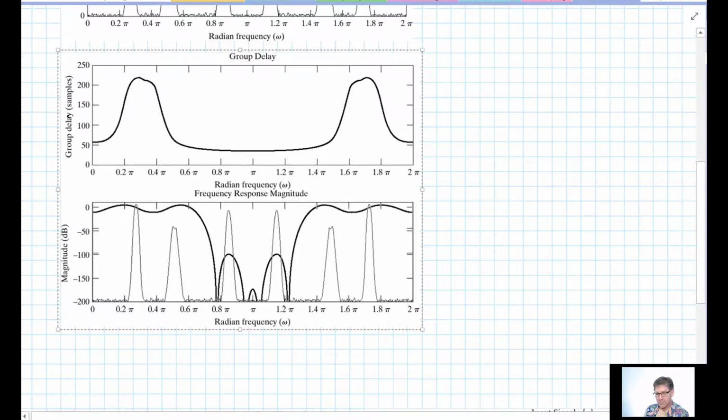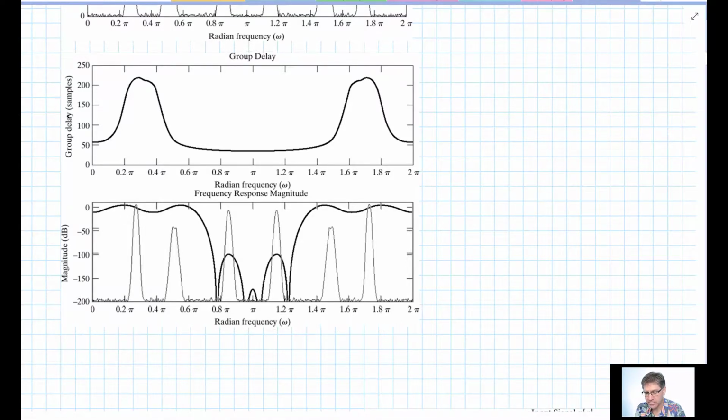And then down below we have the magnitude of our frequency response shown here, and we can see we have what looks like a low-pass filter, but it has some ripples.